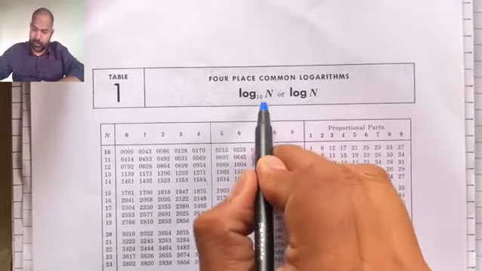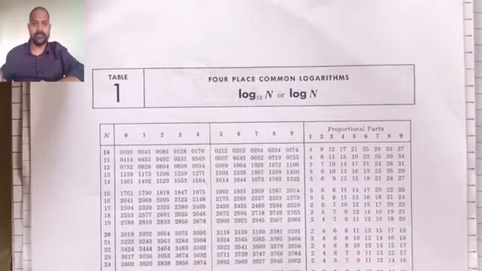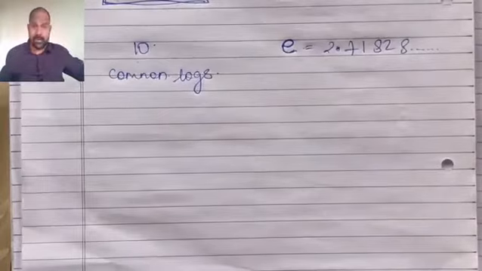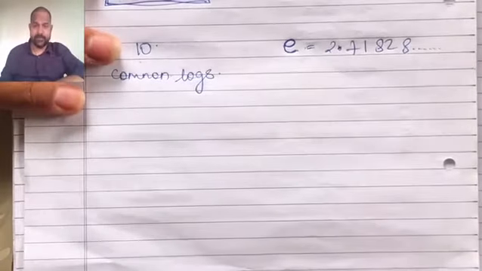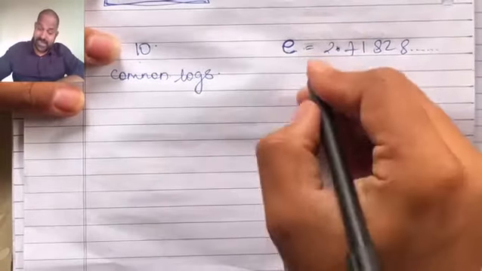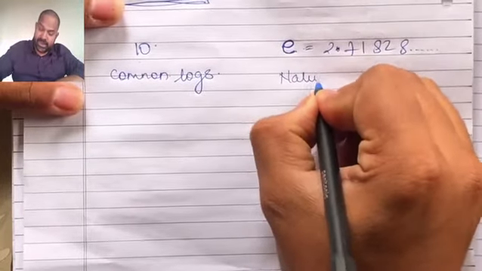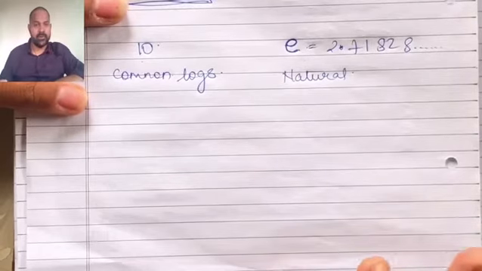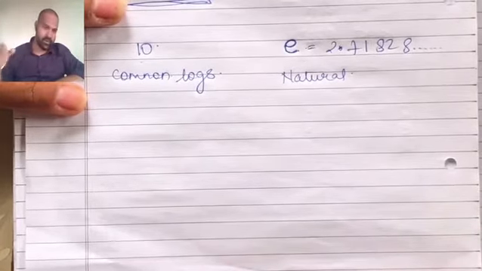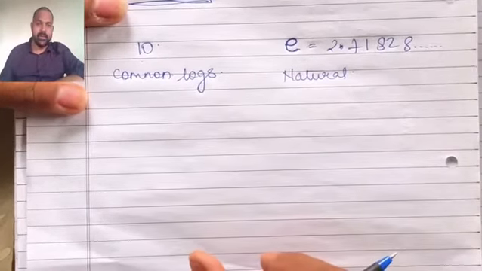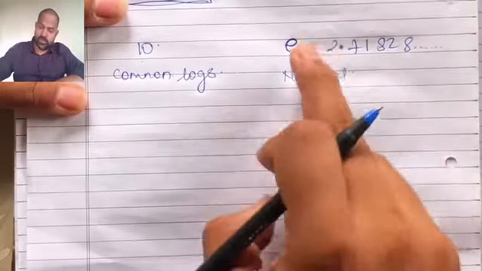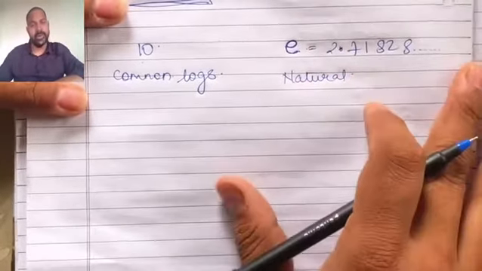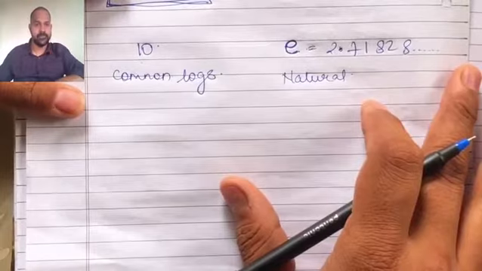Common logarithm because the base here is 10. Similarly, logs taken to the base e are called natural logs. Why they are called natural logs is for another day, not for now.